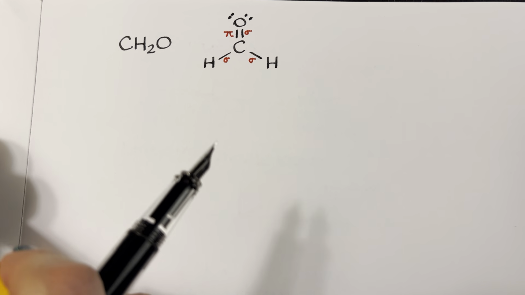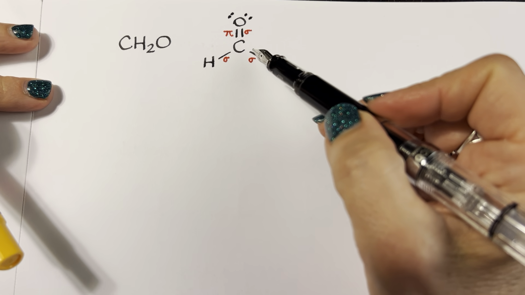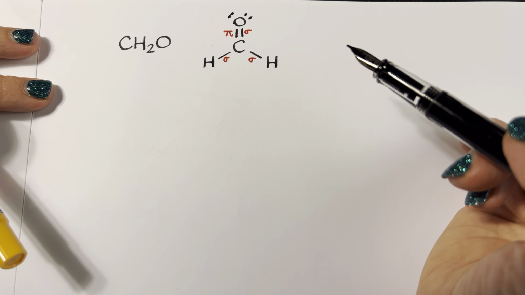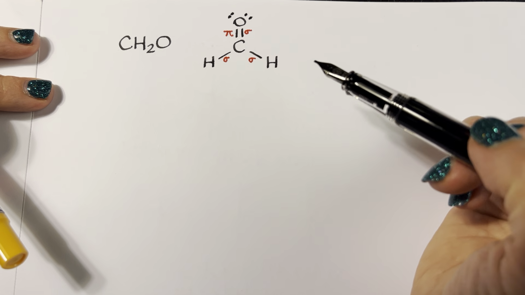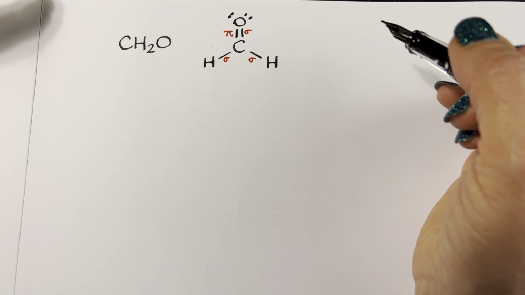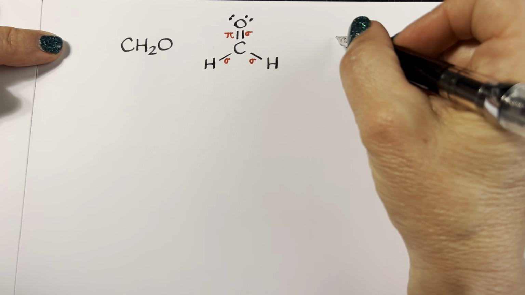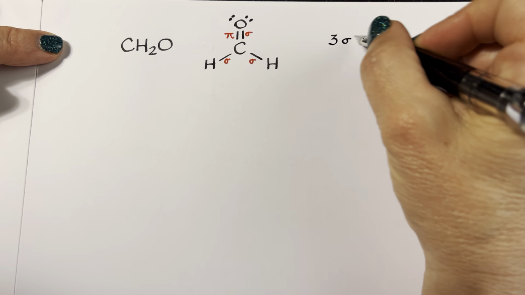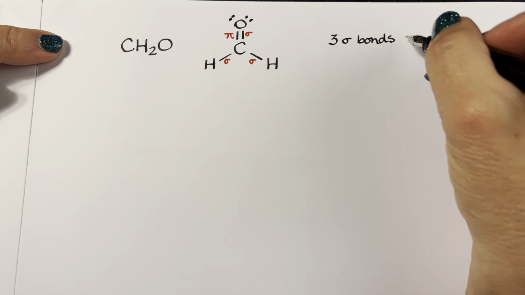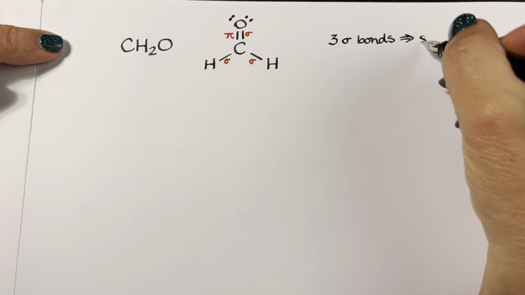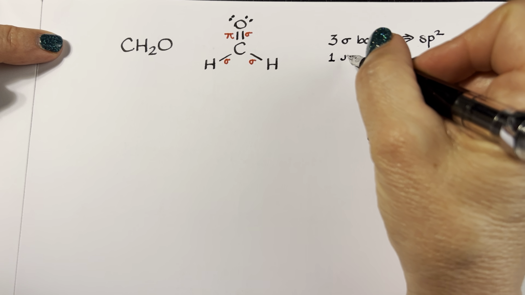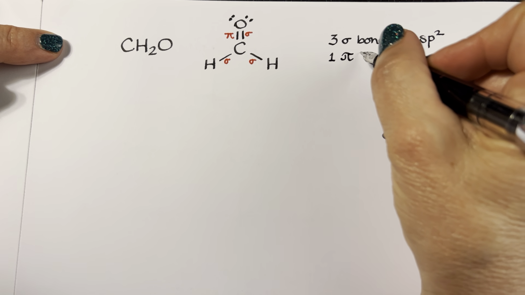Okay. So that means that this molecule, the central atom on it, the carbon, needed 3 hybrid orbitals. That corresponds to sp2. Okay, so we have 3 sigma bonds, sp2, and we have 1 pi bond.